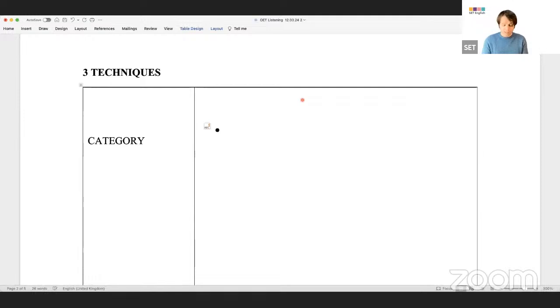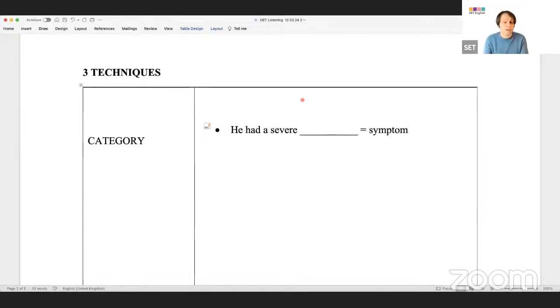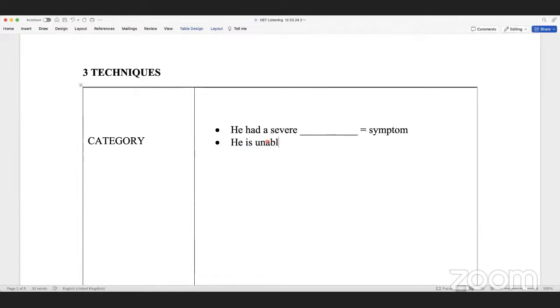So for example, if it says he had a severe blank, what are we listening for? A symptom. A noun. A symptom. Okay. If it says he is unable to... we're probably listening for an action, aren't we?